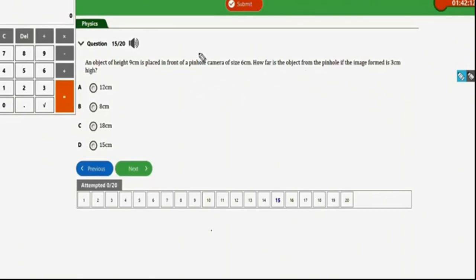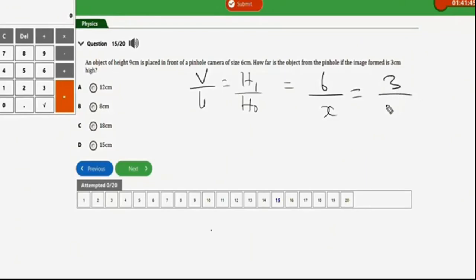So this is going to give us, from v over u equals hi over ho. In this question we have our image distance to be 6 over the object distance, which is unknown, equals the image height, which is 3, over the object height, which is 9.